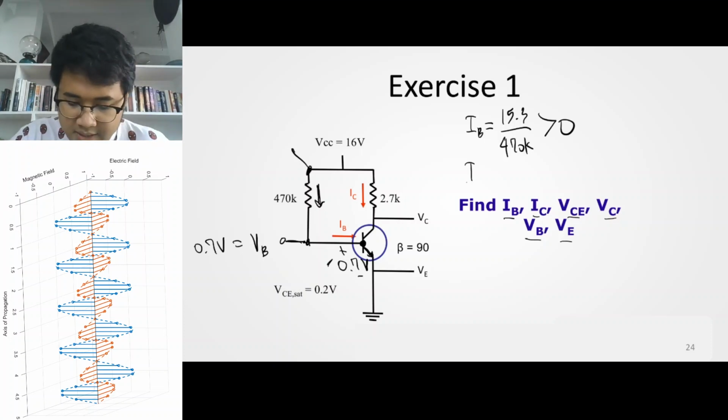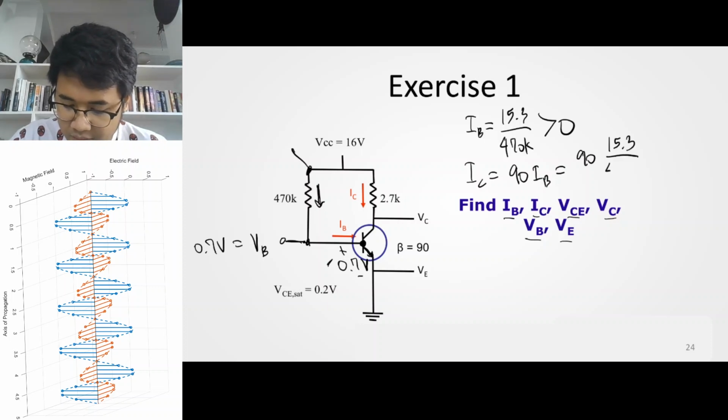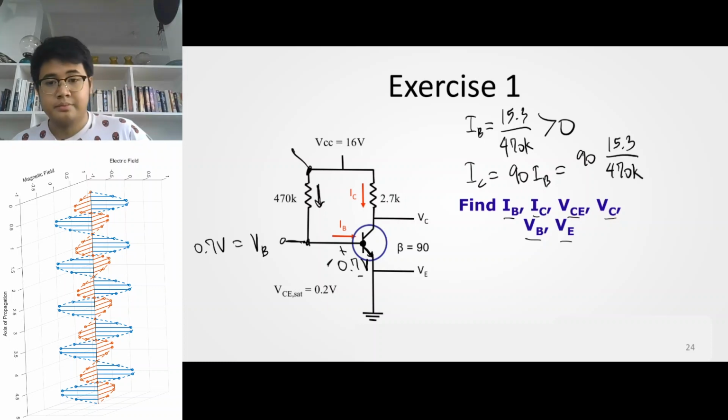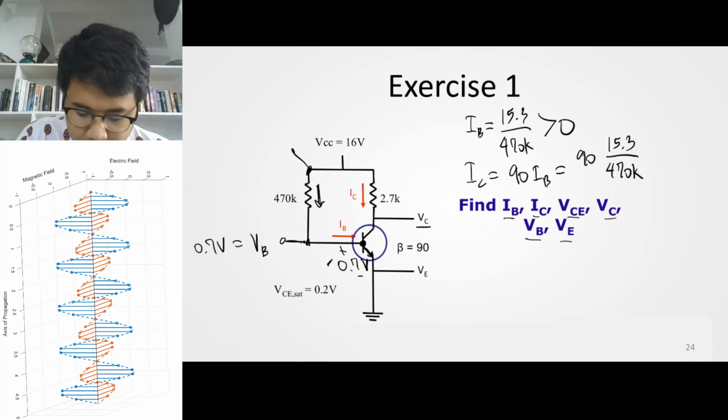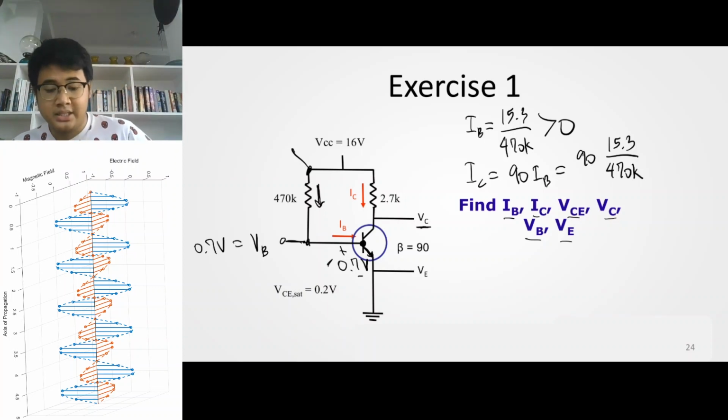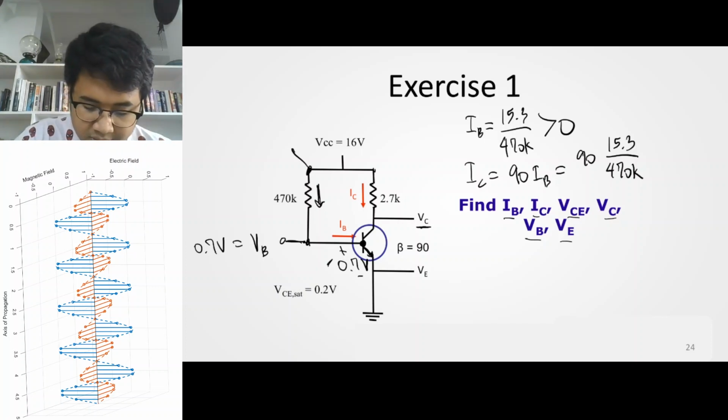Now we solve for IC. That's equal to beta IB, and beta is given to be 90, so that's just 90 times 15.3 divided by 470k. The next step is to solve for VC. Since we already have IC, we can solve for VC using nodal analysis.